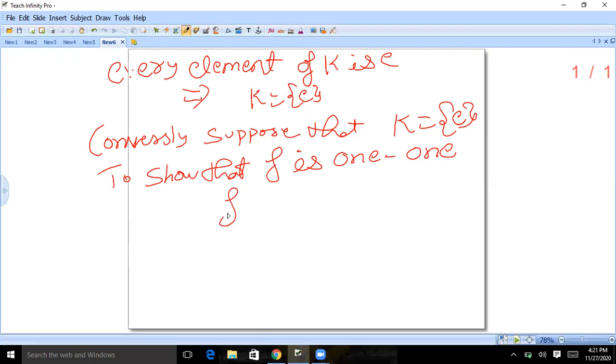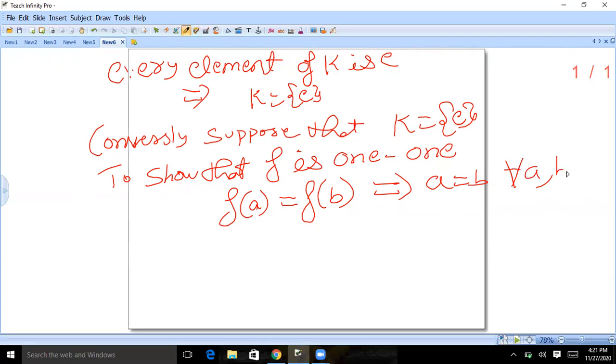We establish f of A is equal to f of B. That implies A is equal to B. If f of A is equal to f of B, then directly we can say A is equal to B, therefore for all A, B belongs to G and K.